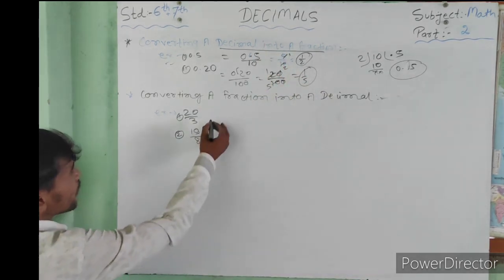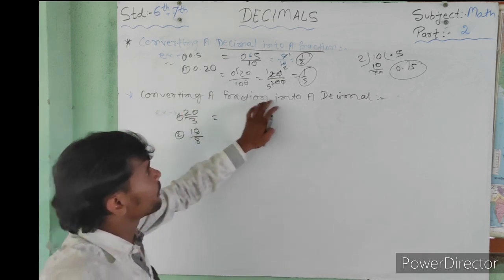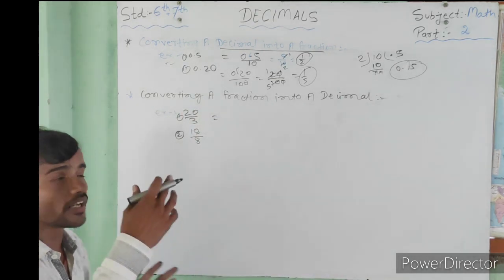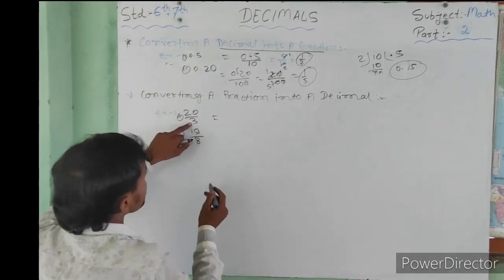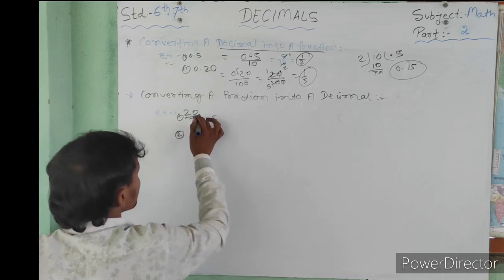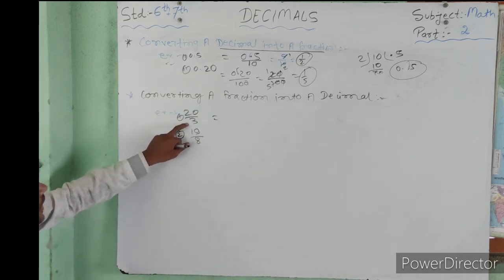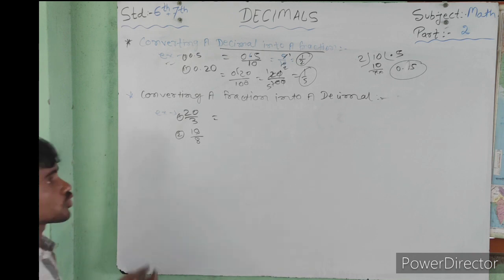Next, how to convert a fraction into a decimal. Firstly, you divide the numerator by the denominator.